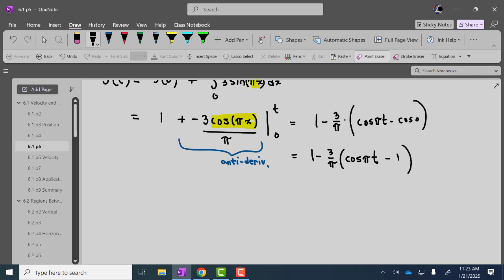That would be fine. We could distribute this minus 3 over pi now and say, oh, there's two constants. Let's group them together. Doesn't really matter. Because the constants aren't easily combined, it doesn't matter that they're kind of in two different places. Somehow we could combine them. We often would. So if you were to distribute this, there's not a whole lot of benefit to be gained.